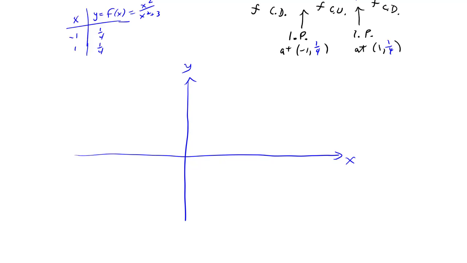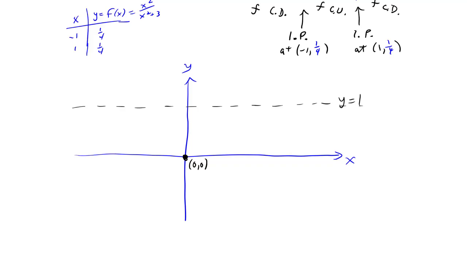We did see that 0, 0 was on the graph as an x and y intercept, so we'll put that there. We talked about asymptotes, and we found that y equals 1 was a horizontal asymptote.